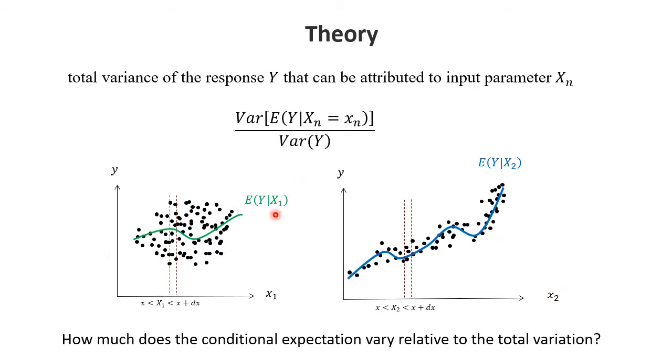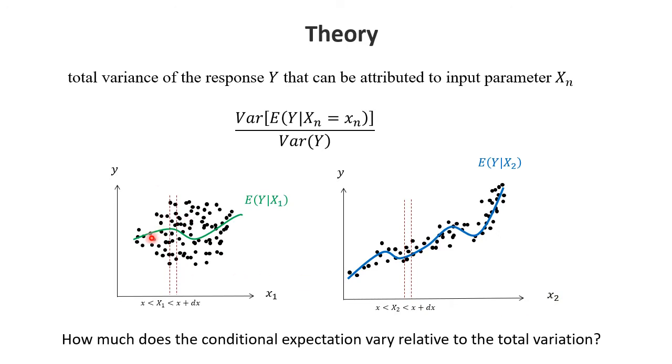The conditional expectation of y given x is simply the regression you would make by, say, calculating within a certain interval what the mean value is. So we get this green curve here. And here we see the variation of the conditional expectation of y given x2, which is again the same function. So it's of course clear here that x2 is much more influential than x1.